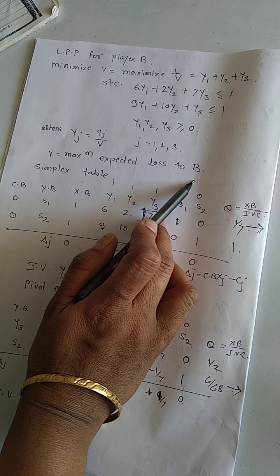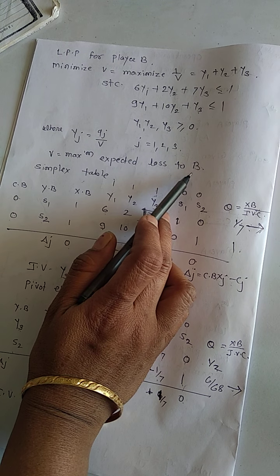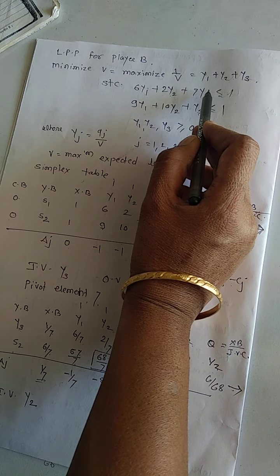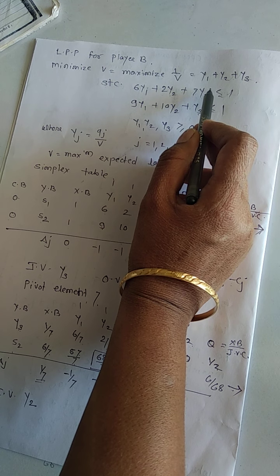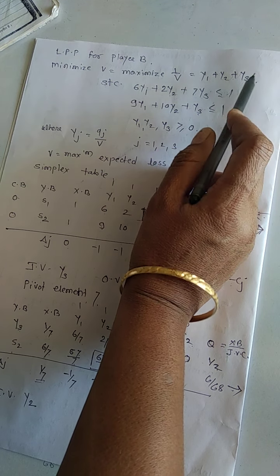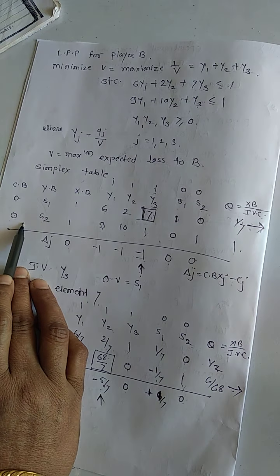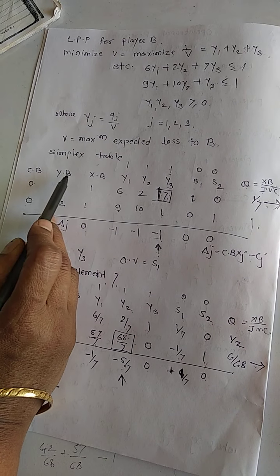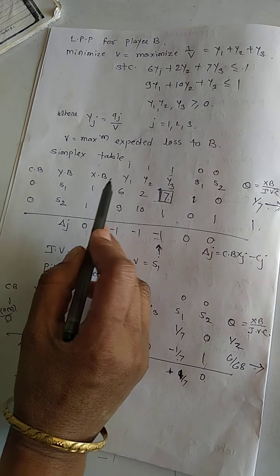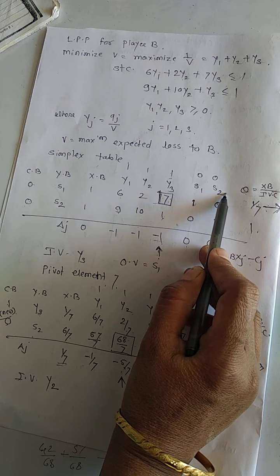Then write the simplex table, and we add the slack variables s1 and s2 in constraints 1 and 2. The slack variables' value in the constraints is 1, but in the objective equation it is 0. First we write CB, YB, XB, Y1, Y2, Y3, S1, S2.